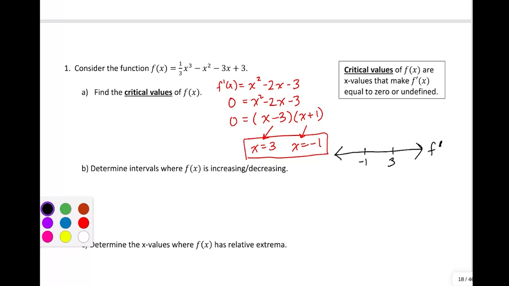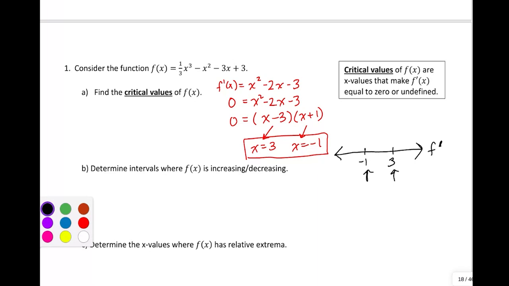And now we want to test any number that's in those intervals into the f prime and see whether or not it's positive or negative. Now, in these critical values like negative 1 and 3, these are the only places where the sign can change. So if I want to know if the function's positive or negative at, say, x equals 0, I could plug in x equals 0 and find out if it's positive or negative.